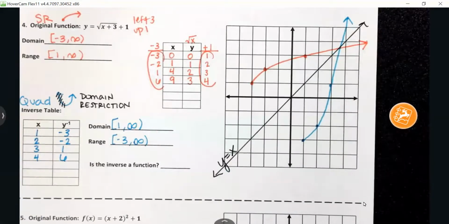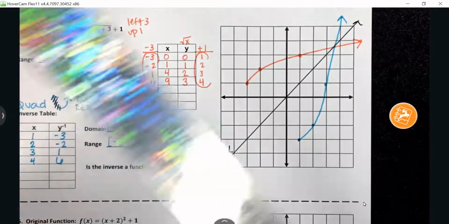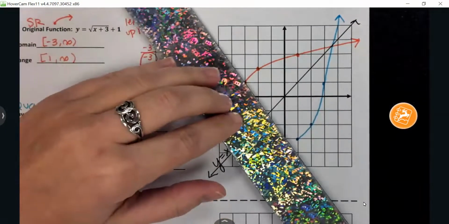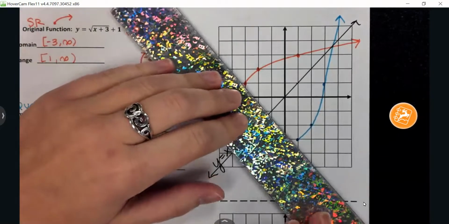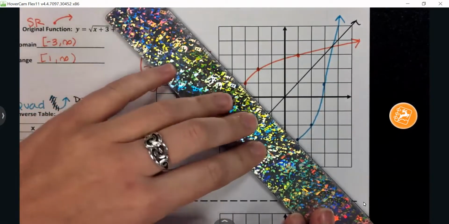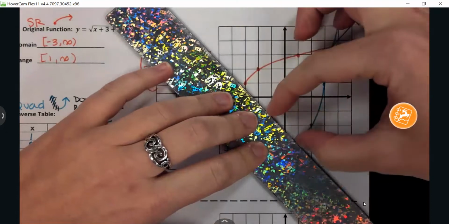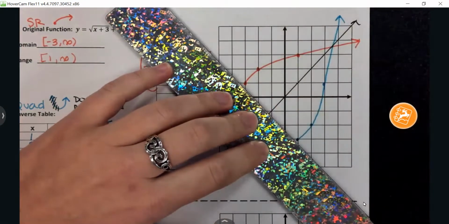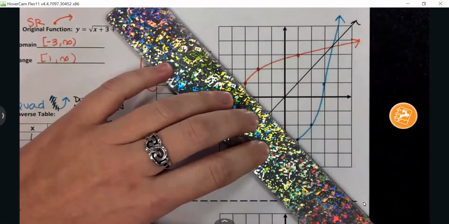Okay? Why is that line important? Because if you connect your dots, so look up here, if I connect my orange dot and my blue dot, they should be the same distance away. If they're not, you did something terribly wrong.